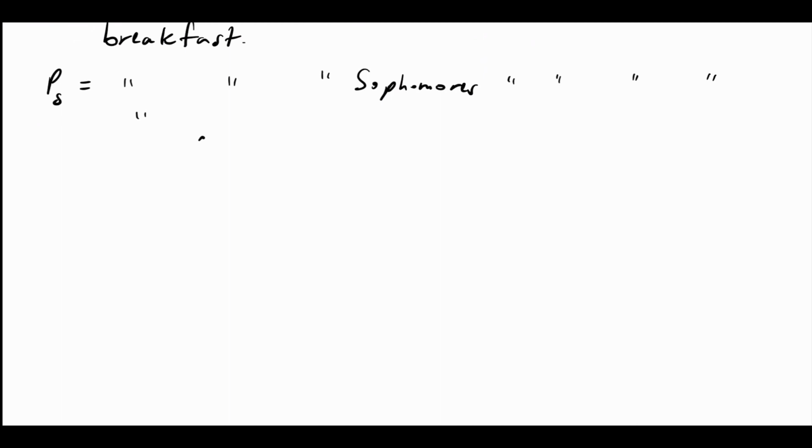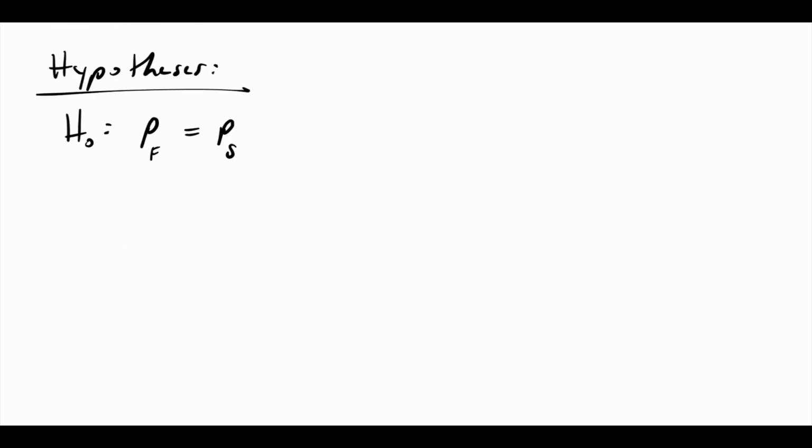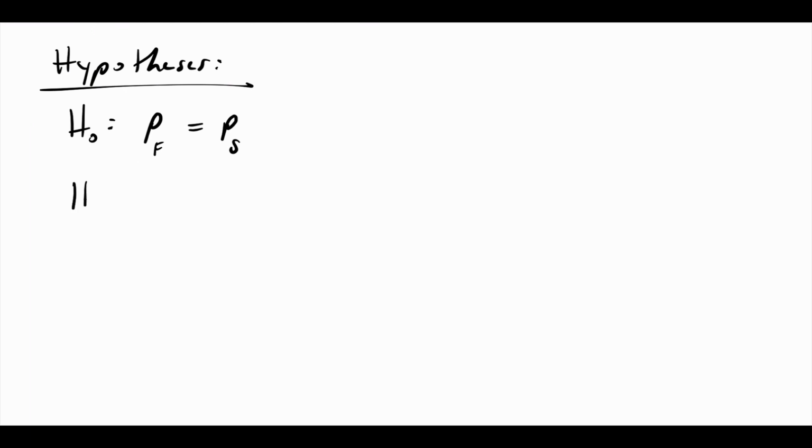Next step, hypotheses. The null hypothesis will always be that the true proportion of the first one is no different than the true proportion of the second one. They will always be equal for the null.